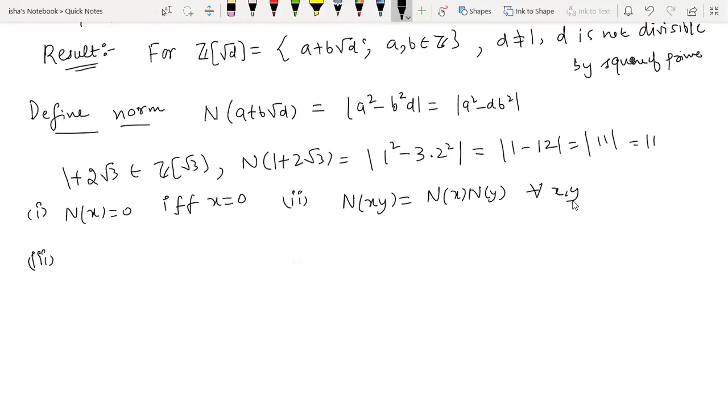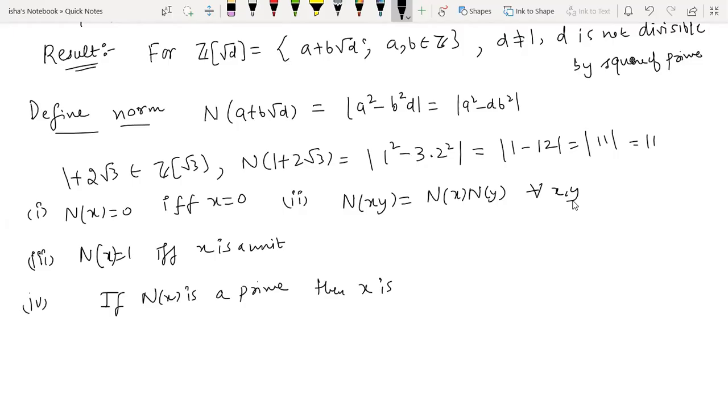The third property is N of x is 1 if and only if x is a unit element. And the one which we are going to use is this: if the norm N of x is a prime, then x is irreducible in Z root D.